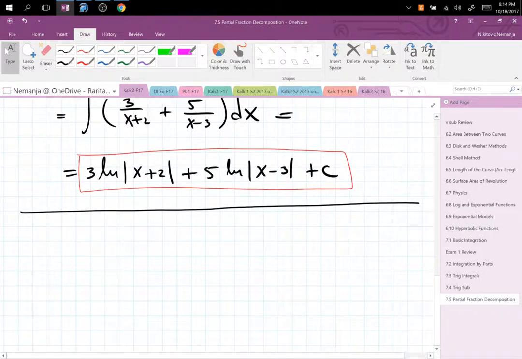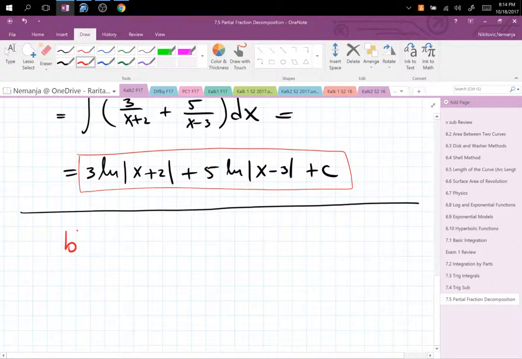You have to memorize 4 setups. We had 2 linear terms, x plus 2, x minus 3. Great. But we also have repeated and then quadratic. So we remember these 4 setups.